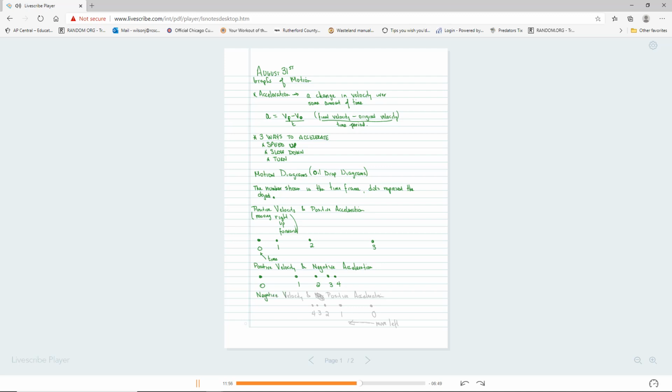Actually, let's do positive acceleration first. Okay, negative velocity, I have to start over here, because with negative velocity I'm going to move to the left. And then we have to decide, are we speeding up or are we slowing down?